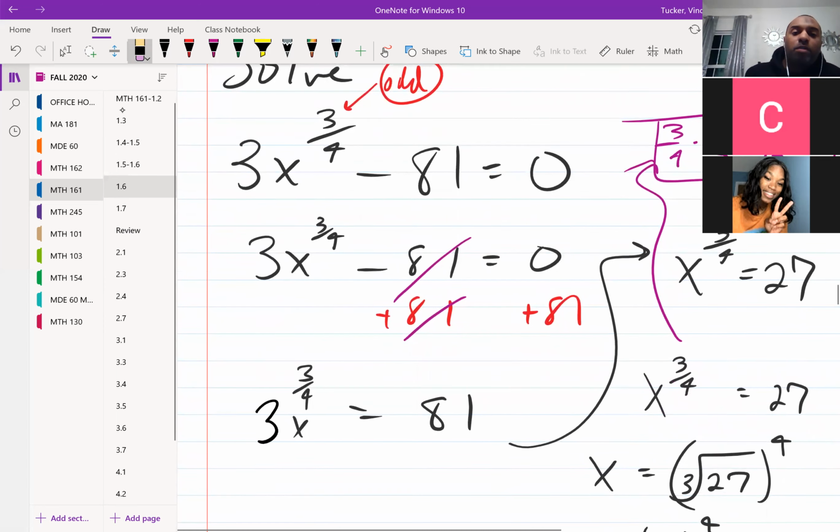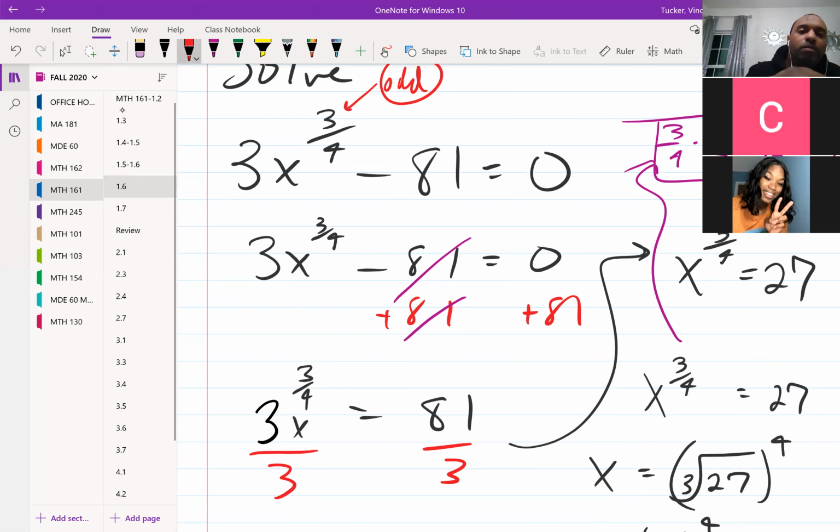So now you still want to get this x to the 3/4 by itself. So you divide both sides by 3. And we have x to the 3/4 equal to 27.